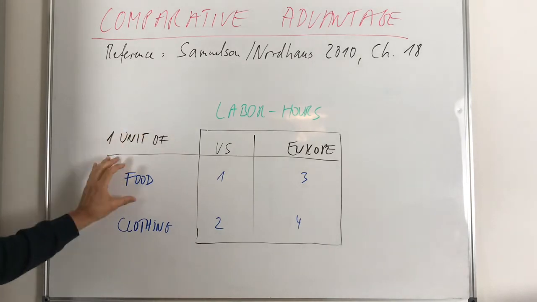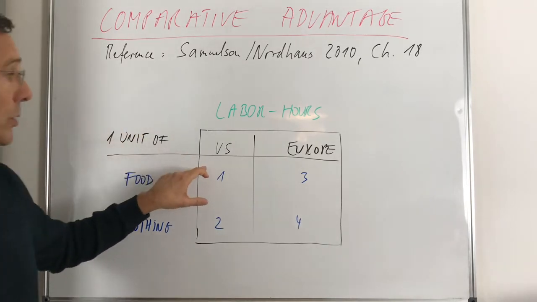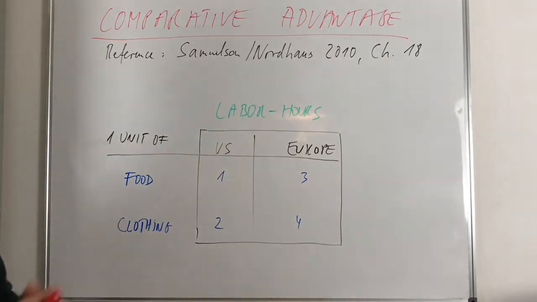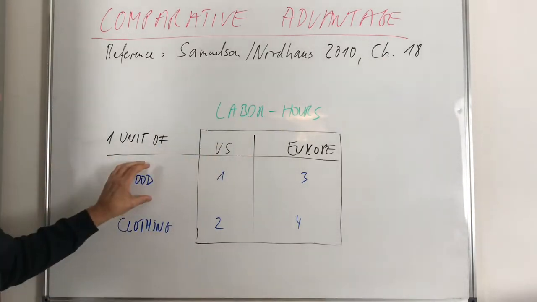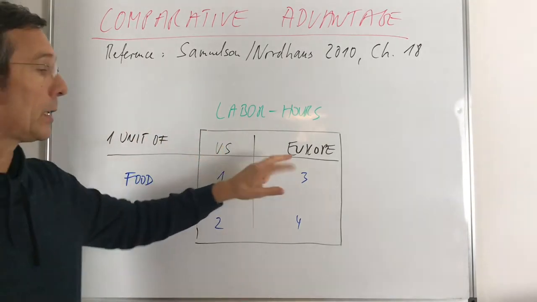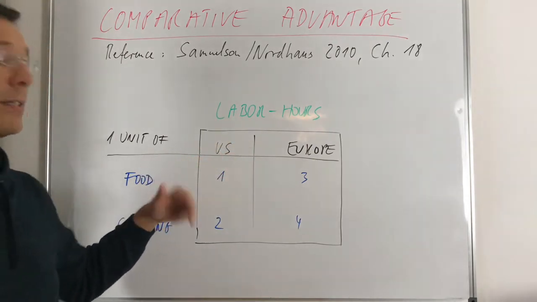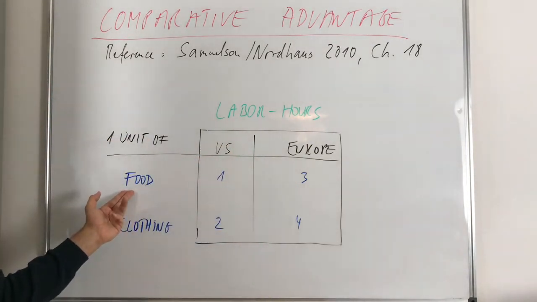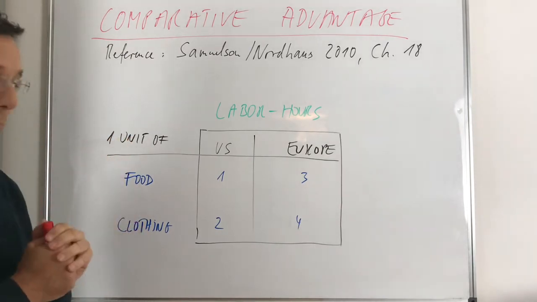So 1 unit of food is either produced in the US or in Europe. And here we find the labor hours, so hours worked for that unit of food. In the US you need just 1 hour. In Europe you need 3 hours. So the US is more productive than Europe in producing 1 unit of food. Okay, that's just a number example.